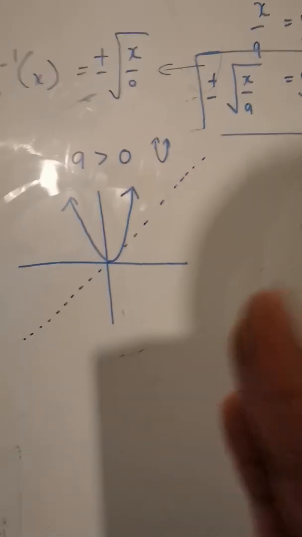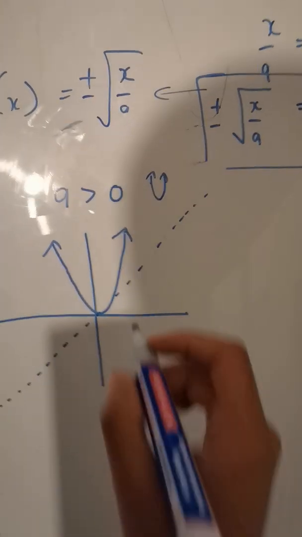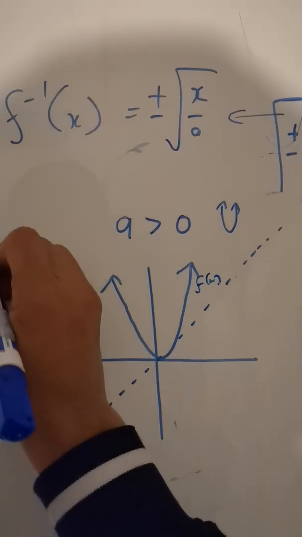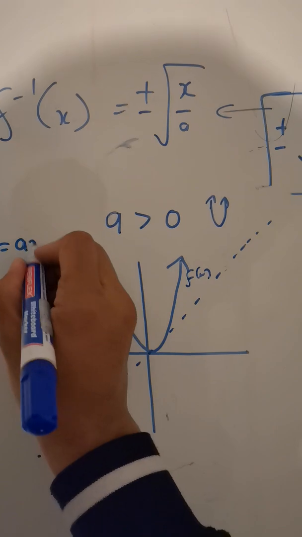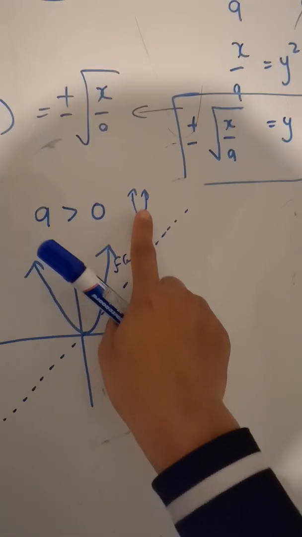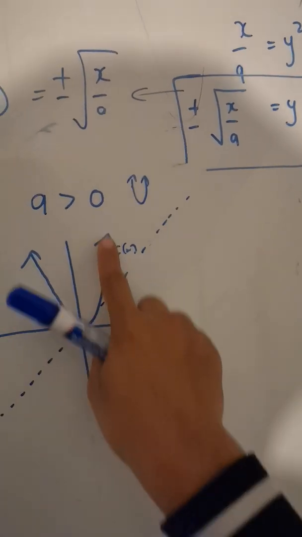Now, please pay careful attention to this because this does come up in the exams. So this graph is f of x, okay? And f of x is equal to ax squared. A is more than 0. It's a happy graph and it looks like this.